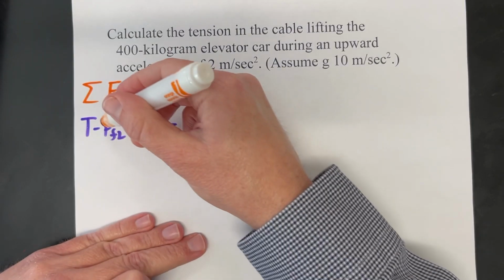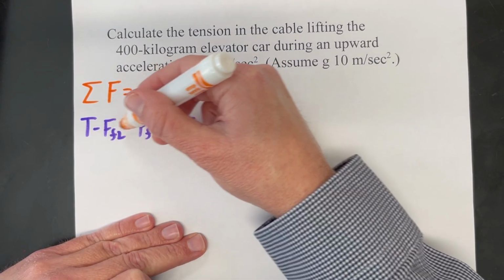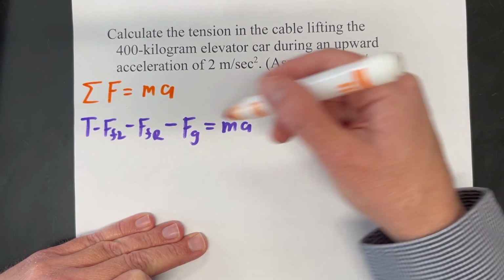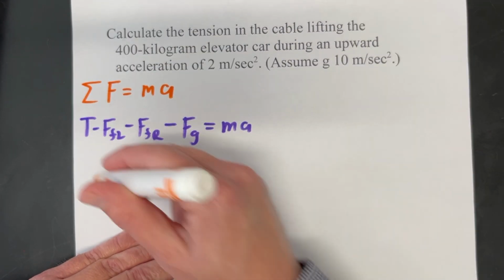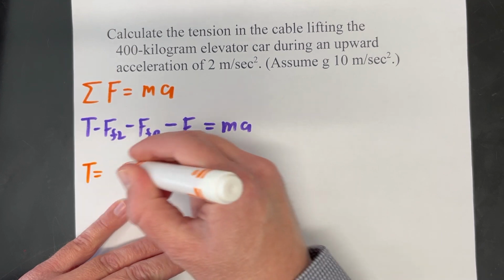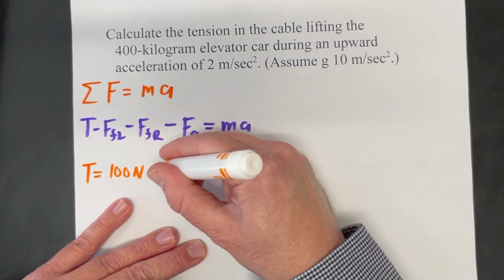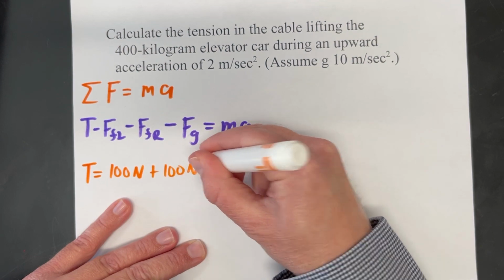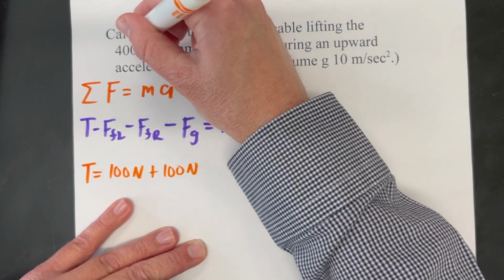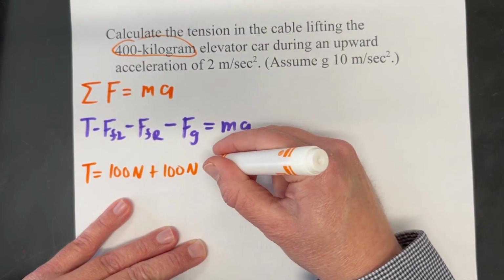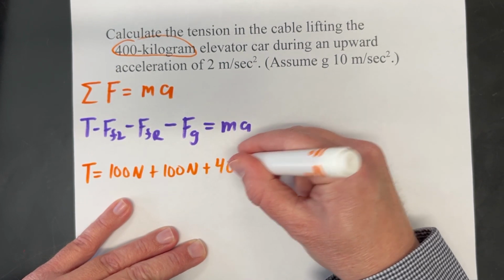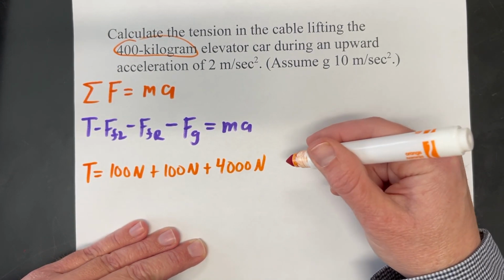Now, since they're being subtracted here, I'm going to add them all over to this side, and I'm going to start to substitute in for their values. So the tension is equal to the force of friction on the left one, which is 100 newtons. The force of friction on the right one is 100 newtons. The force of gravity, since it's a 400 kilogram elevator car, will be 4,000 newtons.